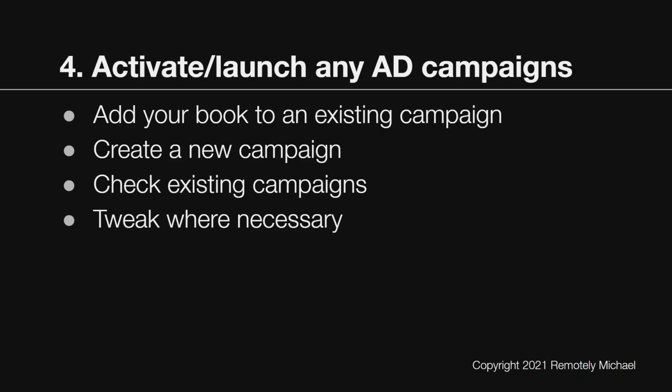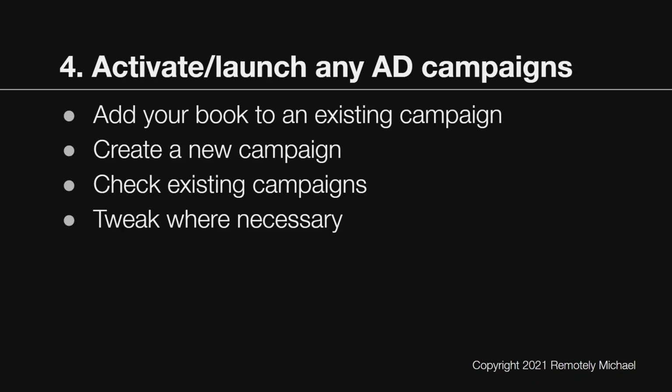The next one is activate and launch any ad campaigns. Now, for the last 4 or 5 months, I haven't actually run any ads on my books. I'm not very good with ads. I haven't really found much success with them. Last year in the summer I did some ads that boosted my sales quite a lot, but I was looking at the ACOS and I think I might have been breaking even.